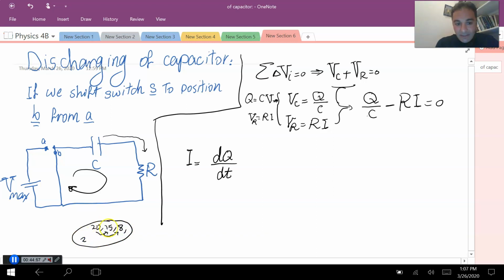It decreases. 15 minus 20, 8 minus 15, 8 minus 2. So delta Q, for example, is 15 minus 20. It's negative 5, correct? So it is negative. Why? Because charge decreases. Remember, this is very important, because charge decreases.